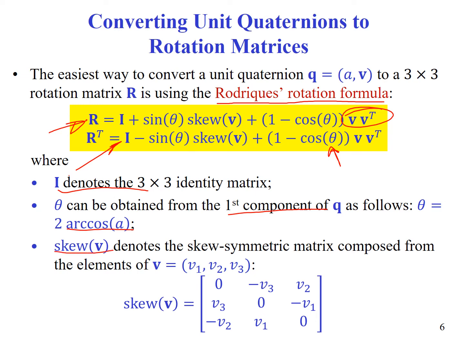Skew V denotes the skew-symmetric matrix composed from the elements of V. So here we are taking the skew of V, the second component of the quaternion. If the value of V was given by V1, V2, V3, skew V would be represented with this matrix.